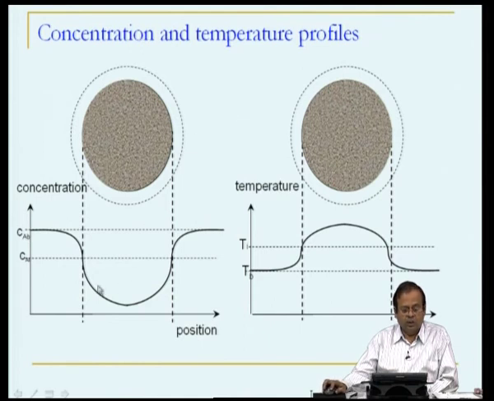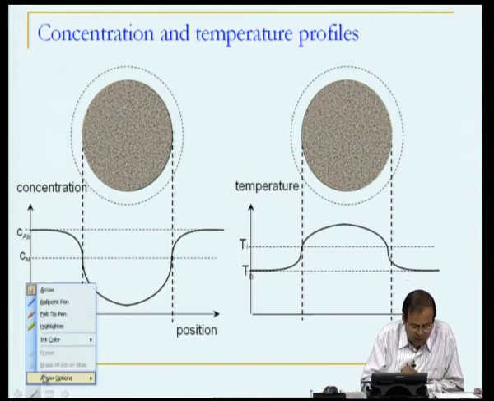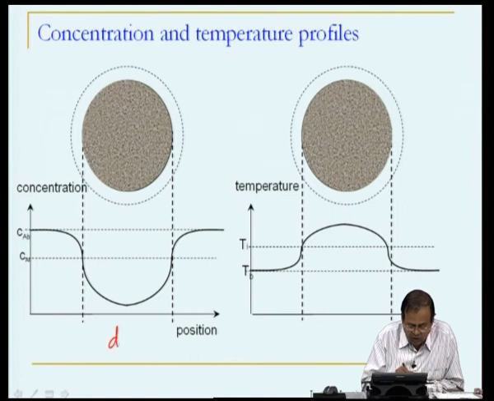So, there is a symmetry, and whenever there is a symmetry, you will see the slope of the line is 0 at the center point. So, if I call position as radius r and C as concentration, we can easily write dC/dr equal to 0 at the center point. Concentration here is CAI, concentration here is CAB.